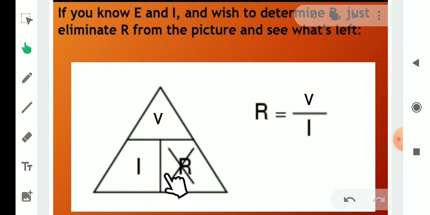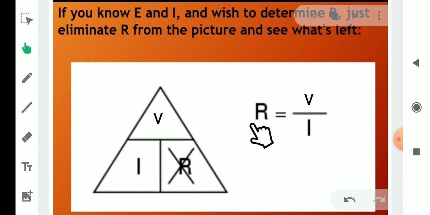If you want to determine the resistance R, just see, you want resistance R. What is left here? R is equal to V divided by I. If you eliminate R, what is the formula you are going to get? V by I. So determine resistance by using the magic triangle.